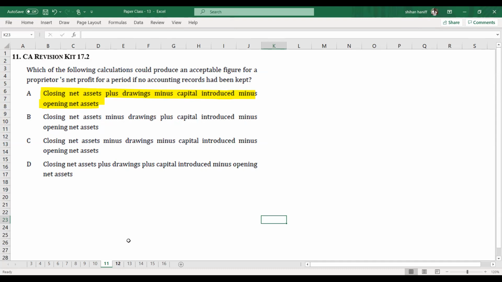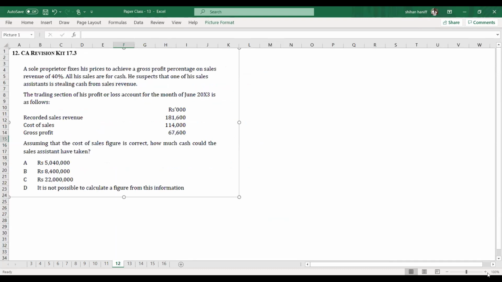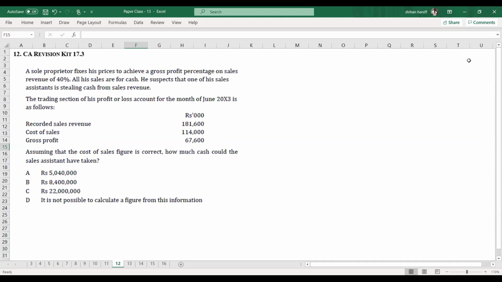Question number 12. A sole proprietor fixes his prices to achieve a gross profit percentage on sales revenue of 40%. All his sales are for cash.